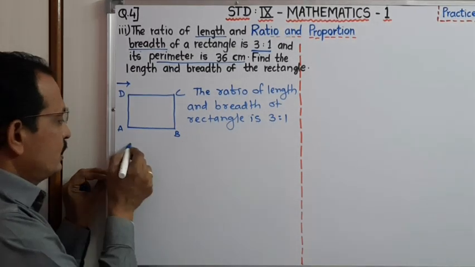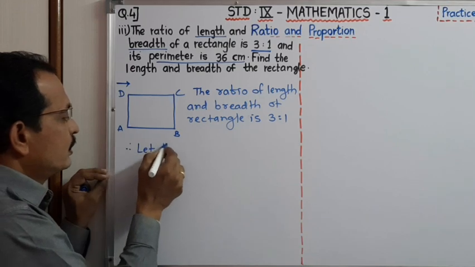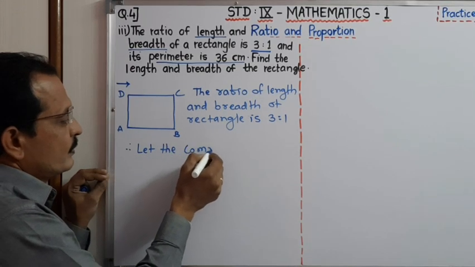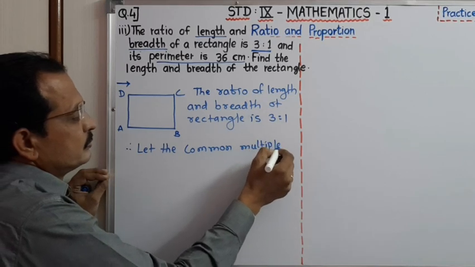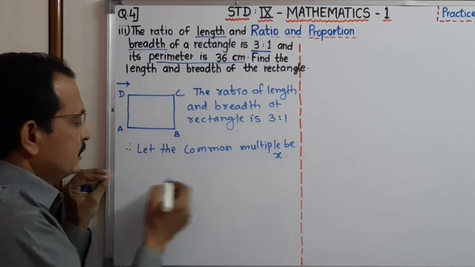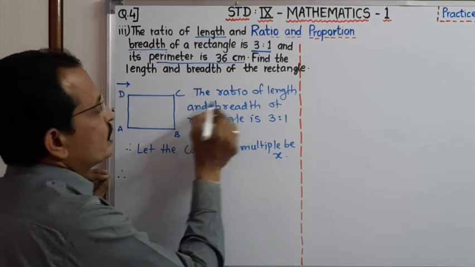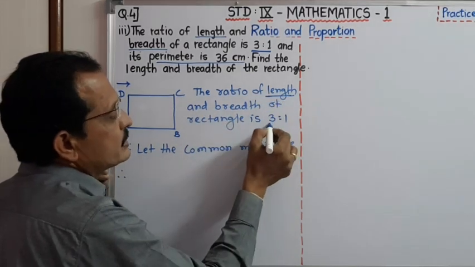Ratio of length and breadth of rectangle is 3:1. Therefore let the common multiple be x. Therefore see, first length is given and here it is 3.